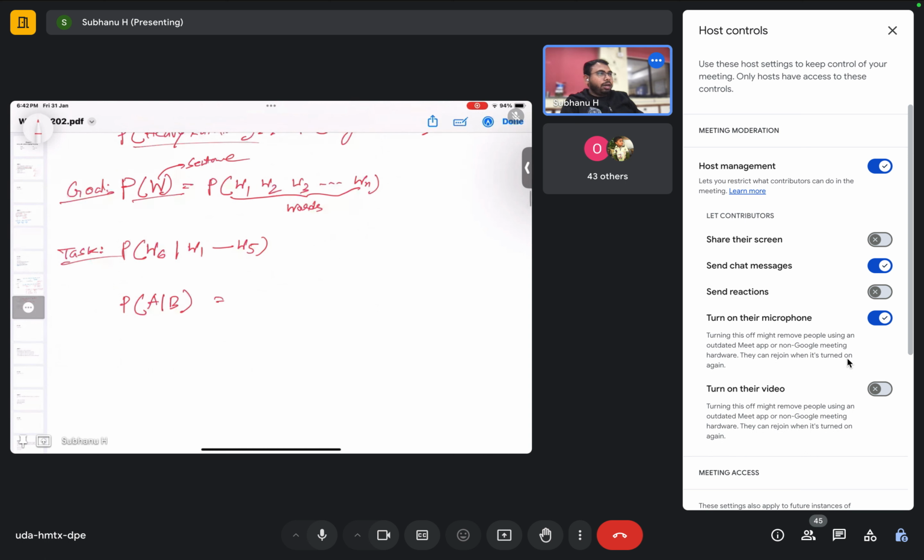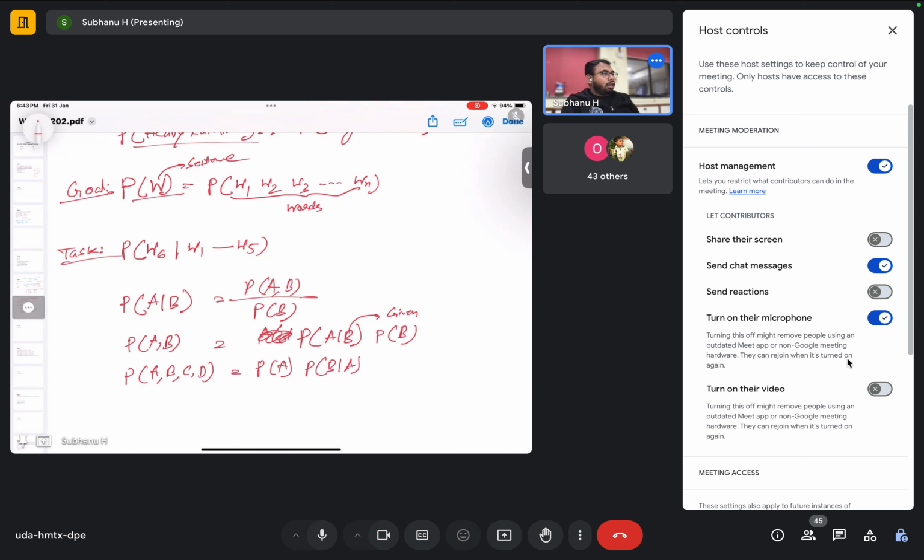You know there is the conditional probability: probability of AB is probability of A given B into probability of B. This can be multivariate: probability of ABCD is probability of A into probability of B given A into probability of C given A, B into probability of D given A, B, C. I think all of you know this, but it's a quick recap only.